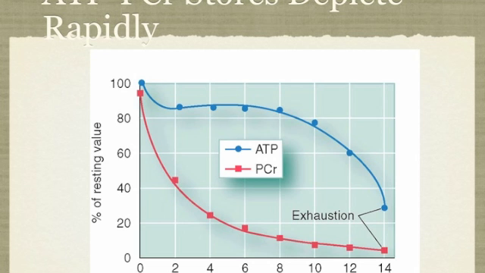And as you can see here, the red is creatine phosphate and the blue is ATP. And if you look out at the very start, we were fully loaded with ATP. And as we start to exercise, our ATP starts to decline rapidly. And then as the creatine phosphate starts to resynthesize ATP, we still have a decline of ATP, but it's not as steep, and that's because the creatine phosphate is forming ATP.